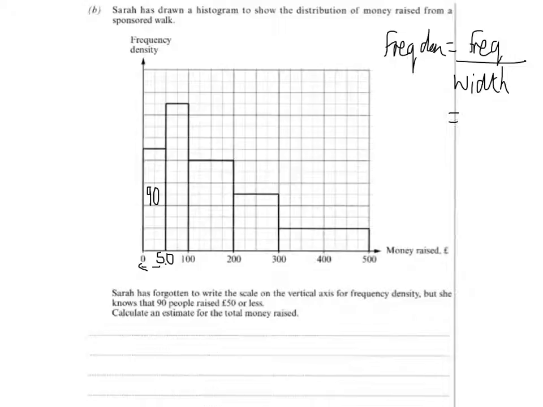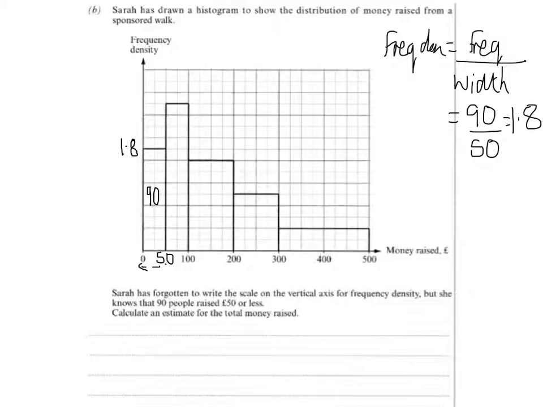So our frequency density is 90 divided by 50, and if you work that out, you get 1.8. So our frequency density is 1.8.